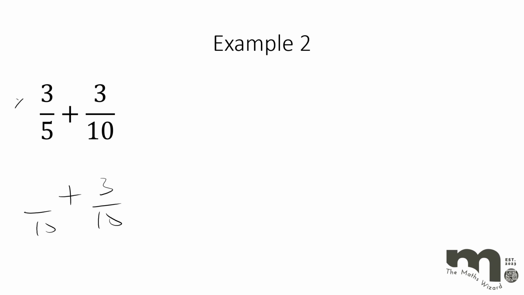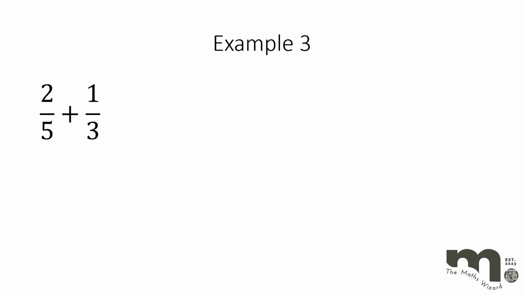So it means if we just multiply 3 by 2, we'll get an equivalent fraction to 3/5. We've got 6 over 10 here. So now all we've got to do is do 6 add 3, which is 9, and that's 9 over 10. Okay, let's go to the next one.